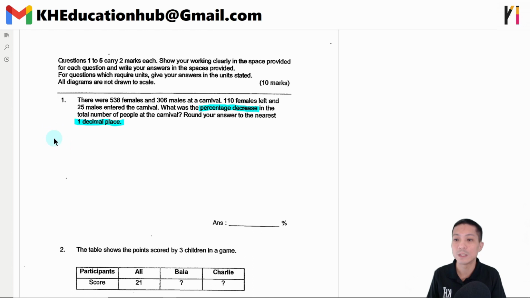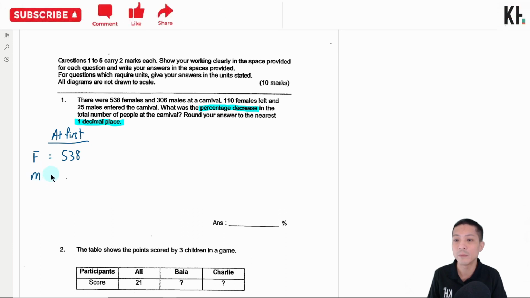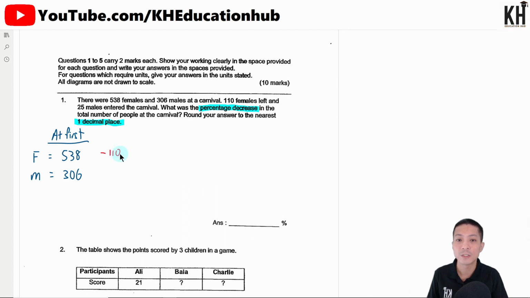Okay, so let's write it down at first. Female is equal to 538, and then male is equal to 306. Okay, and then after that, 110 females left and 25 entered, right?